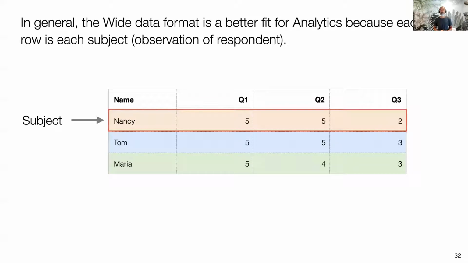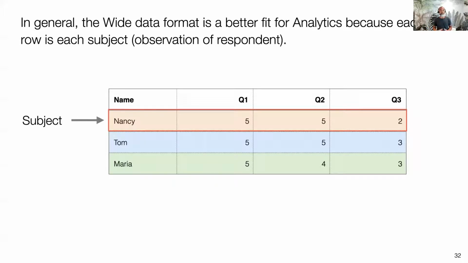So in this case, Nancy, Tom, Maria, let's say these are customers, and that's my subject. Okay, and so each row is an observation, but also representing something about each subject, and it's unique. You're not going to see another row of Nancy in this case.